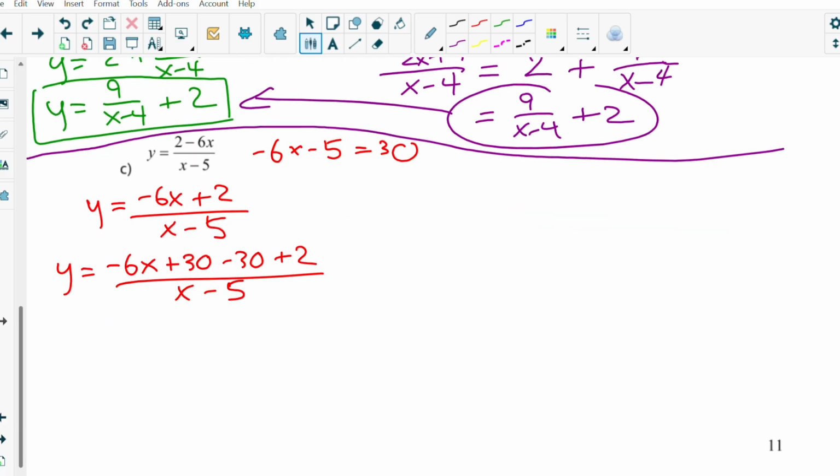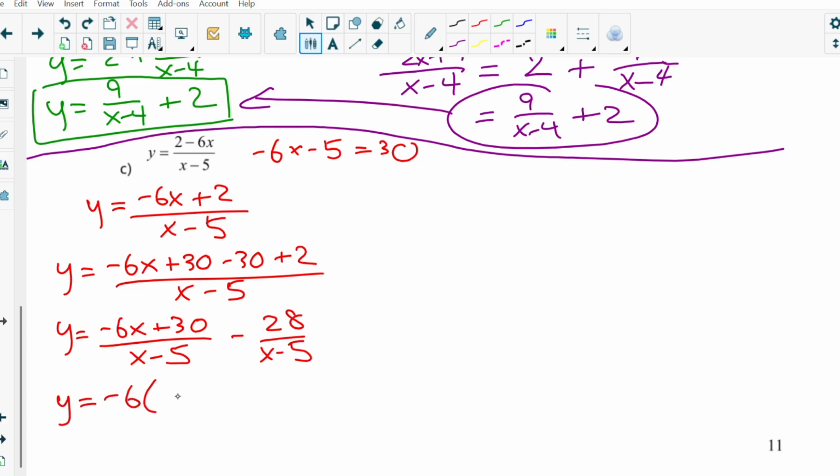And let's evaluate. I have y equals negative 6x plus 30 divided by x minus 5 minus 28 divided by x minus 5. And so that's y equals negative 6 times x minus 5 divided by x minus 5. There's my two matching binomials, minus 28 over x minus 5.